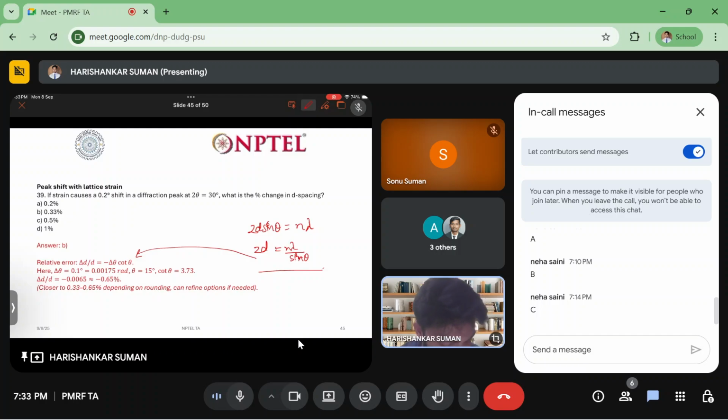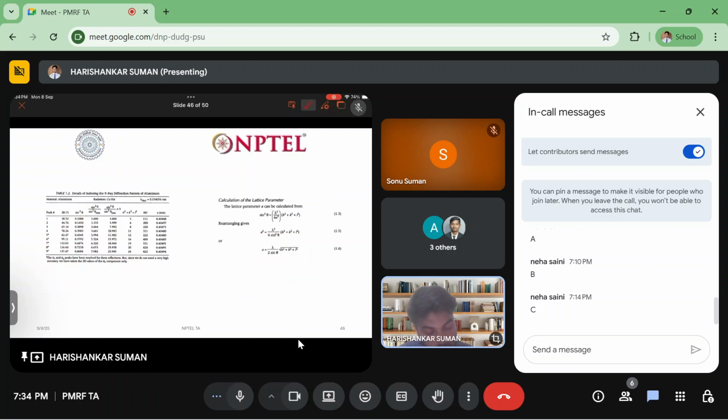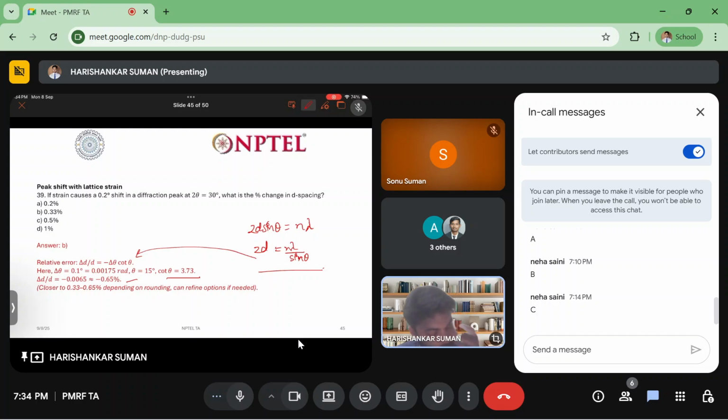You have to calculate in radian, as we calculated here, and theta is 15 for cot theta. So the percentage change will be 0.65. We can refine the option if needed. We will get 0.6, which is closer to B.